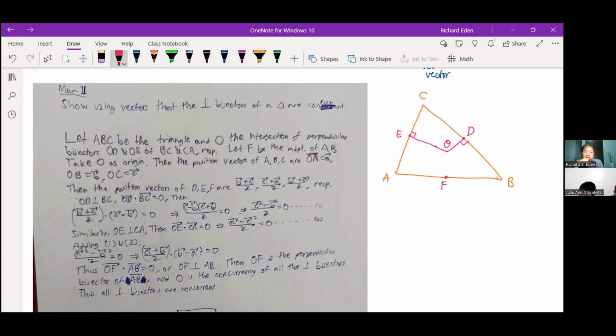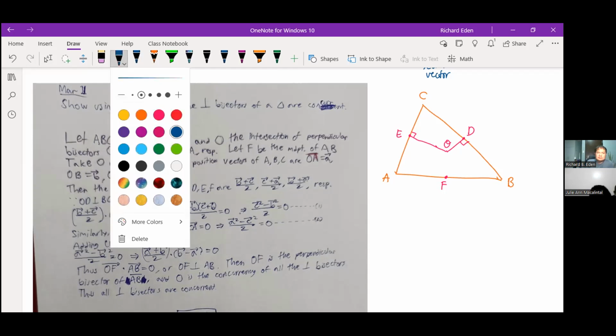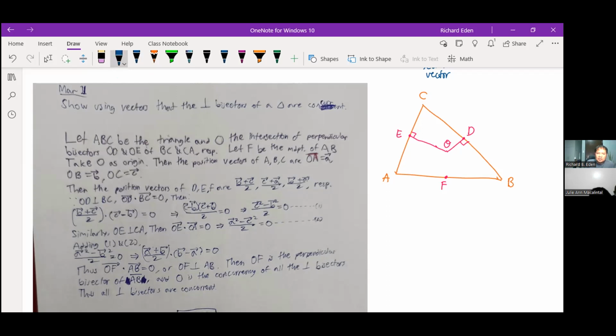Then OD is vector D, which is (B plus C) over 2, and BC is C minus B. So we get C squared minus B squared over 2. Here we should declare that exponents here are for dot products.